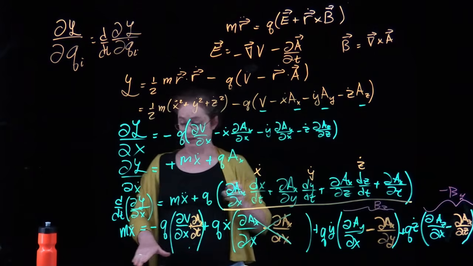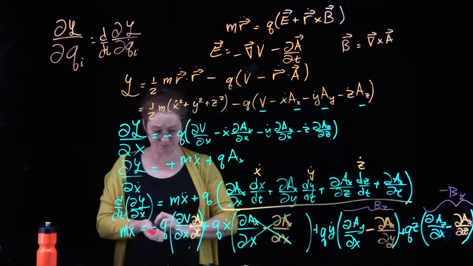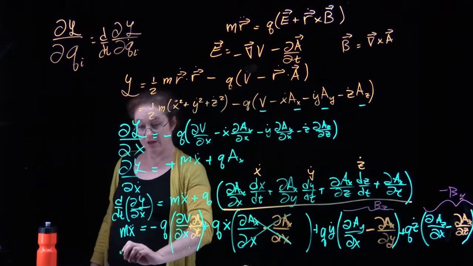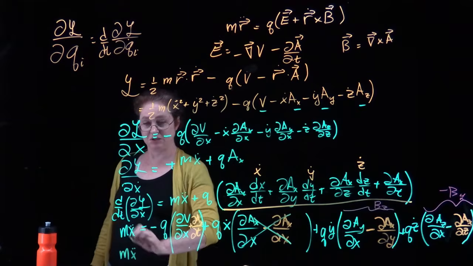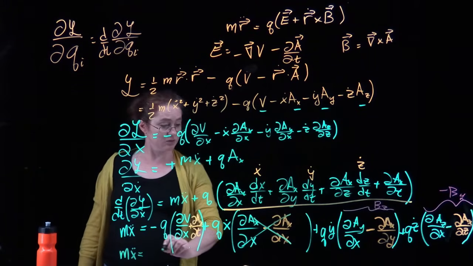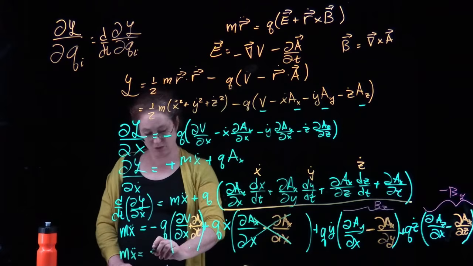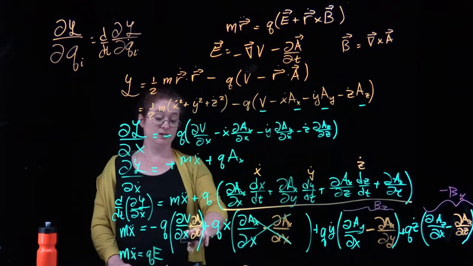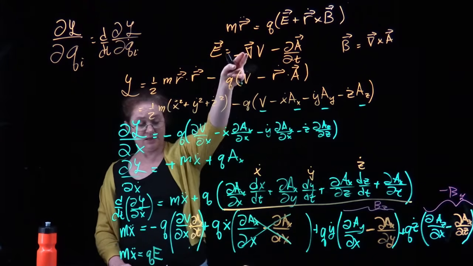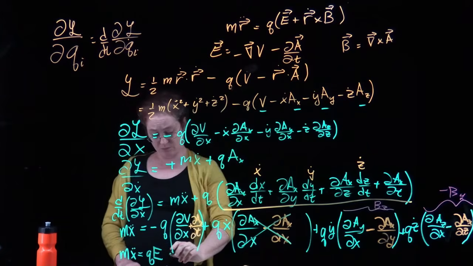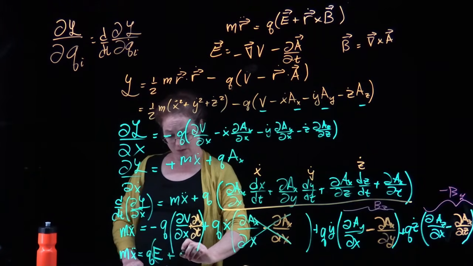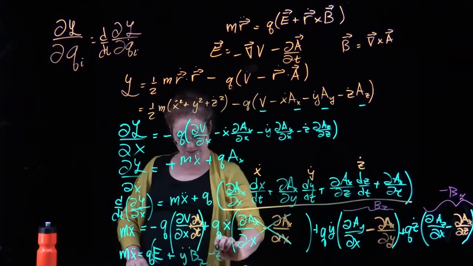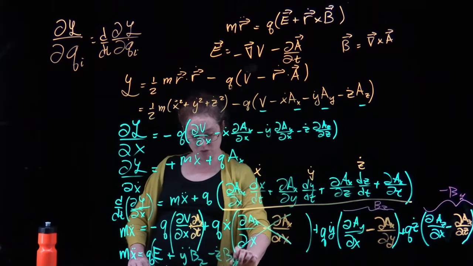So this simplifies to, running out of space here, m x double dot equals Q times the electric field, because this is the electric field, plus y dot Bz minus z dot By.